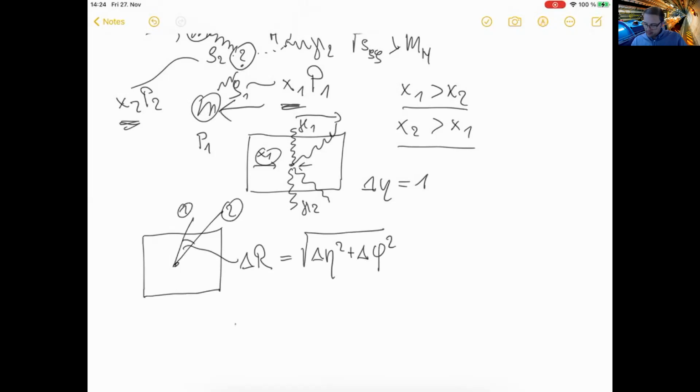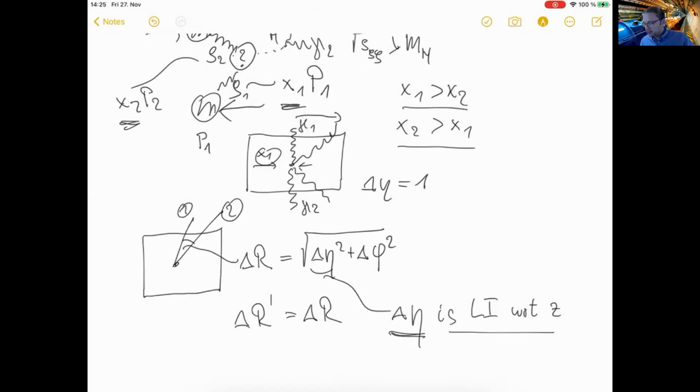The point is now that delta R prime is delta R, because delta eta is Lorentz invariant with respect to Lorentz transformations in the z direction. This is because every particle, as we said, receives a constant shift in the pseudo rapidity, which is the inverse hyperbolic tangent of the speed that it's transformed with. So the difference is Lorentz invariant.